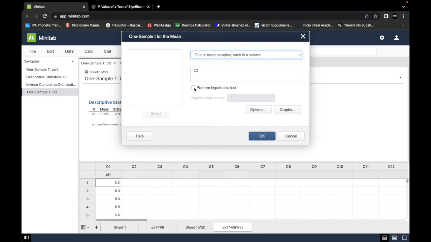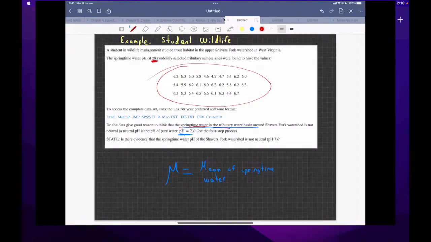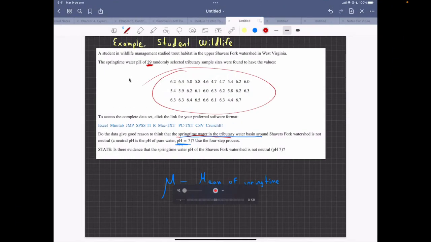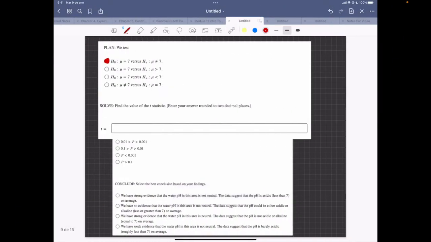Here, click the box Perform hypothesis test. Now the data is in C1, where the values for the pH are. The hypothesized value for the mean is the value in H0, right? The value in H0 is mu equal to 7.